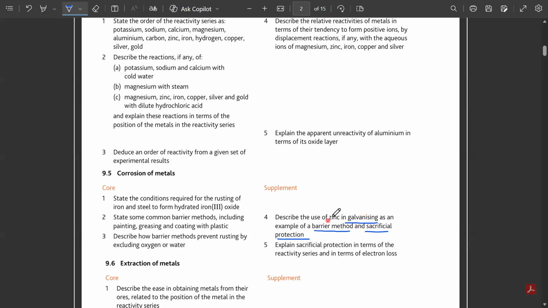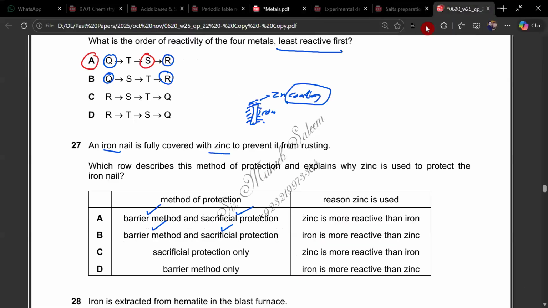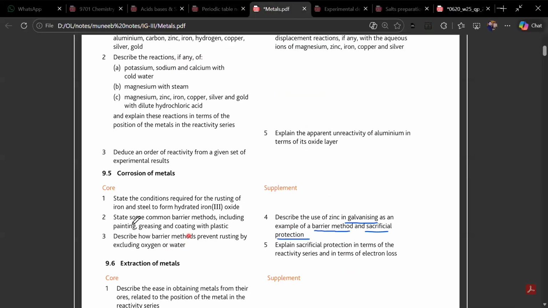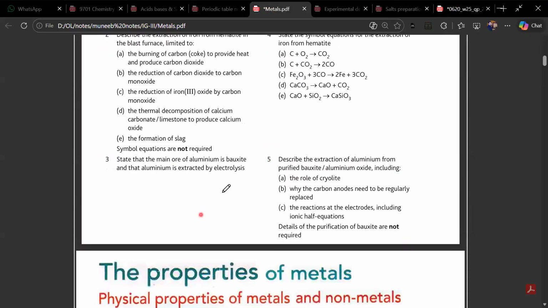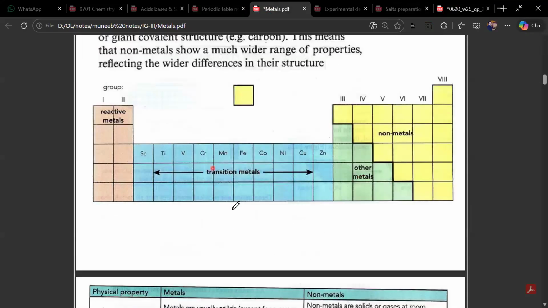When you use zinc, it is also called galvanizing, barrier method and sacrificial protection. So mind it, always go through these lines which I have included at the start of every chapter. All the notes which I have provided you have these pages at the start, and then the rest of the literature starts.